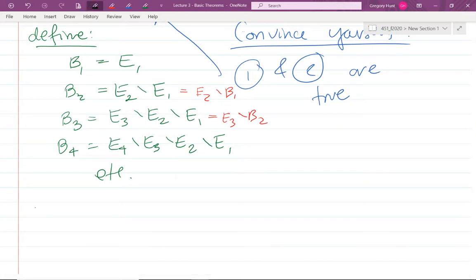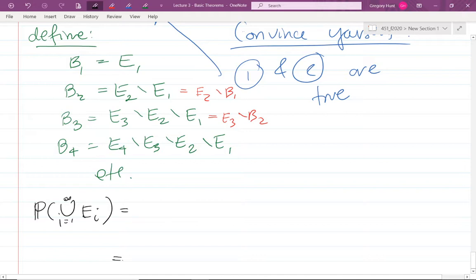And so ultimately what we wanted to show is that if we look at the probability of this union of these E sub i, this is less than or equal to the sum of the probability of the E sub i. That's called Boole's inequality.